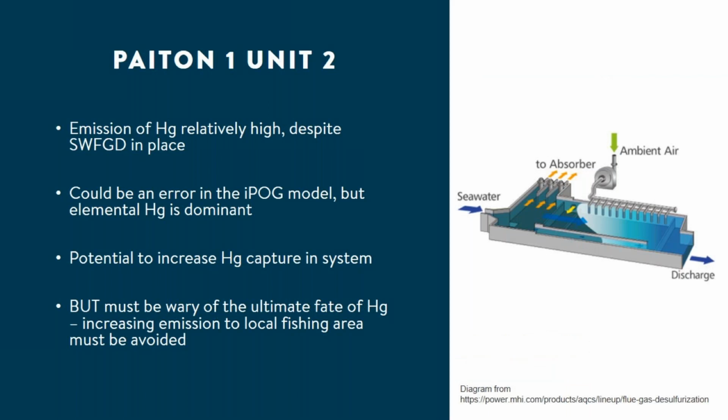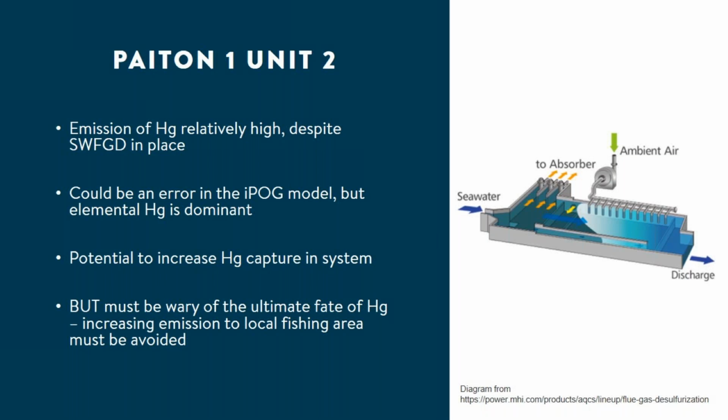Which is very exciting for us, Unit Python 1, Unit 2, which, as you recall from previous slides, is significant with emissions of relatively high mercury emission numbers, despite having seawater FGD installed.